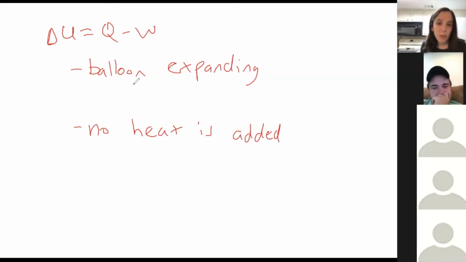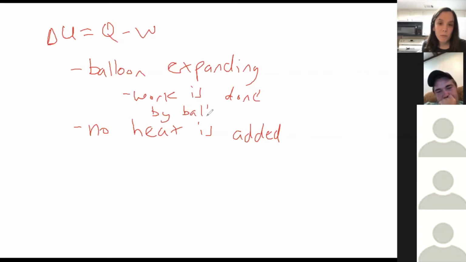So if the balloon's expanding, there's movement, there is work being done. Work is done by the balloon because the balloon is moving. And so if there's movement, there is work.